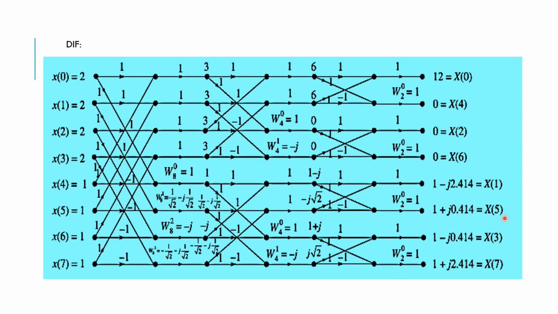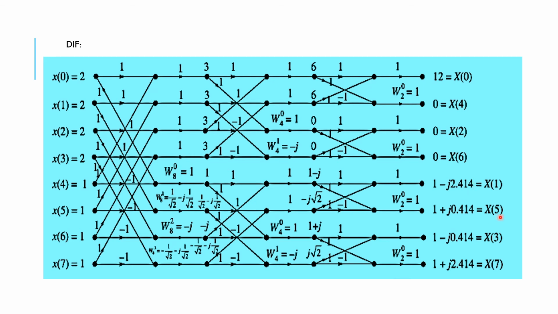Right? So there will be one more possibility of question in this. How will you calculate the magnitude spectrum and phase spectrum? Magnitude spectrum is the modulus, the square root of a square plus b square. So use that formula and find all the magnitude values.